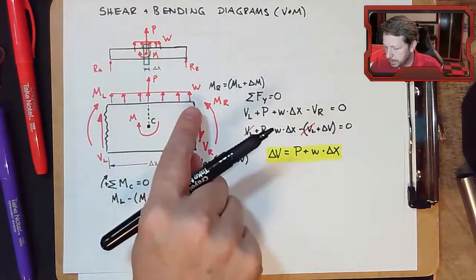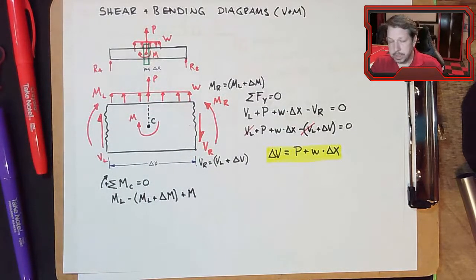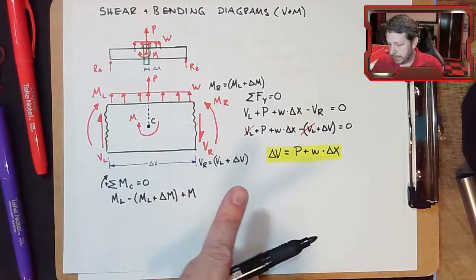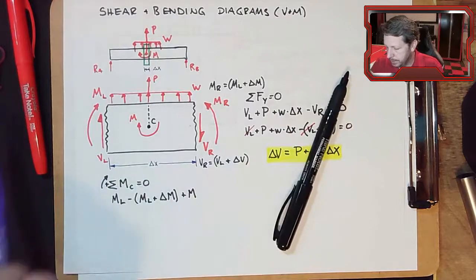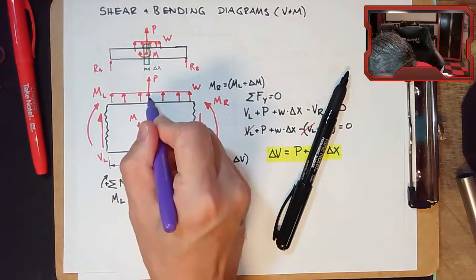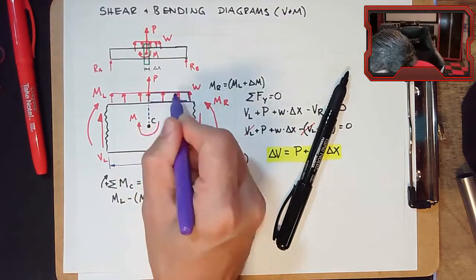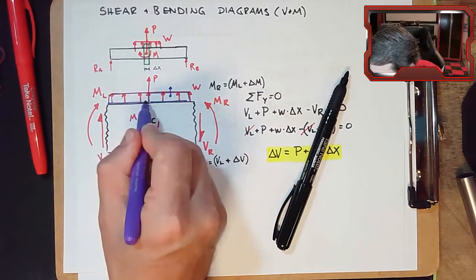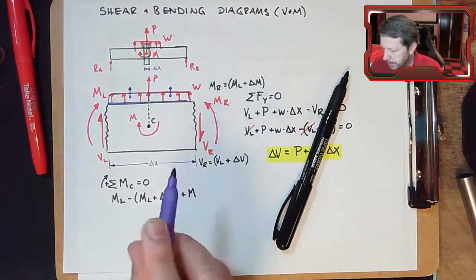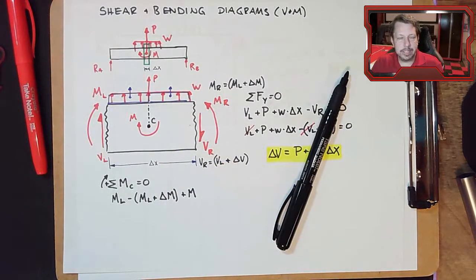The distributed load, you can look at it a couple of ways. The way I've drawn it here is that it's evenly distributed, and you could break it into two halves, this half with a lumped load there, and this half with a lumped load here. Those two just cancel each other out.